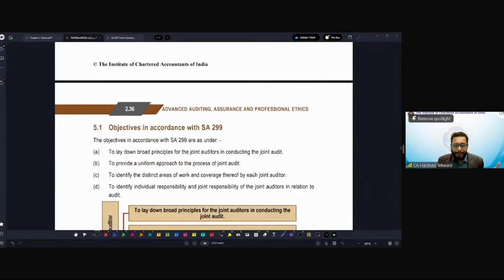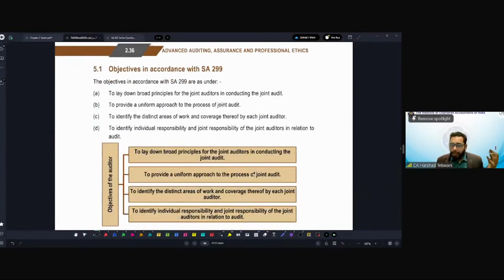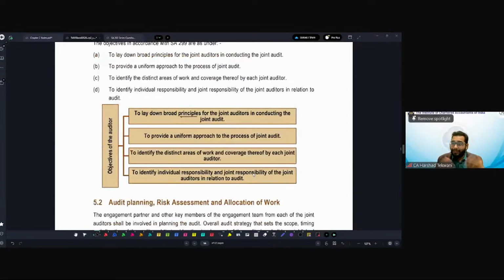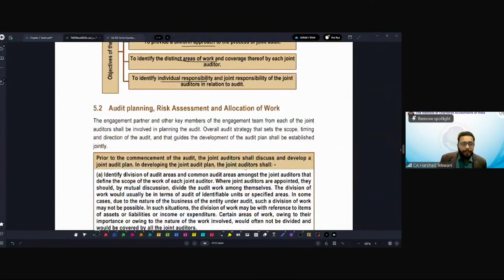Again, the objective is to lay down the broad principles that we discussed, not only the scope of the work, but planning, overall strategy, identification of the team, then the uniform approach that we need to adopt as a joint auditor, areas of the work, and identifying individual responsibility. Now, as I said, we need to do audit planning, risk assessment, and allocation of the work when it comes to the start of the joint audit.